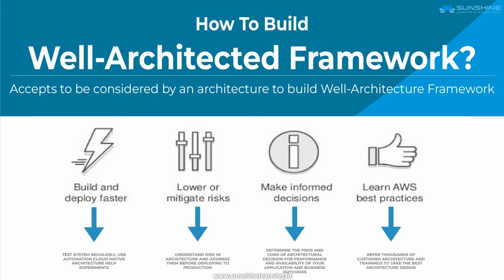AWS recommends their best practices. We should follow that in our architecture deployment, even the architecture design also. And apart from that, similar to our requirement, we should also look into the case studies of how it was done by organizations in the past.